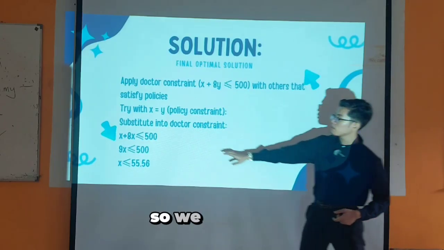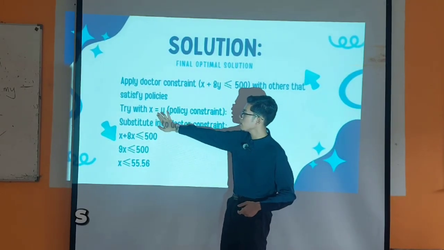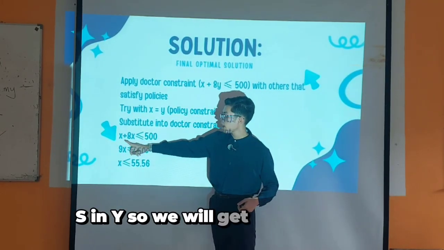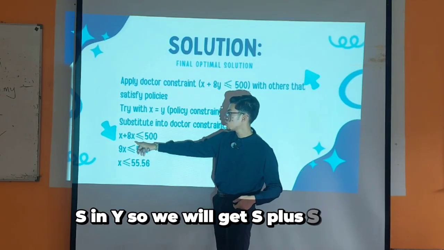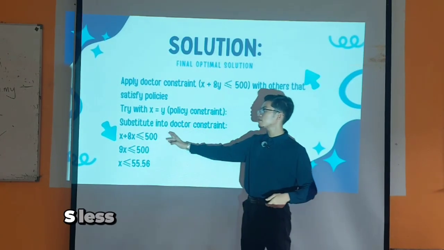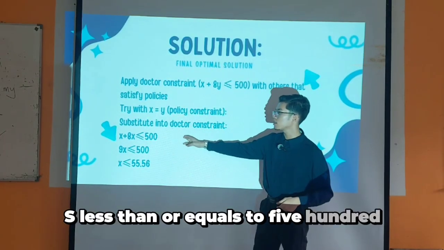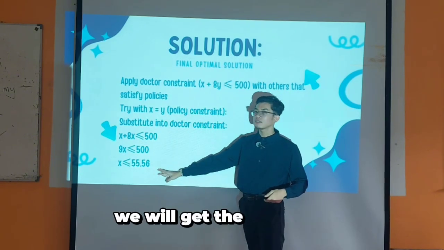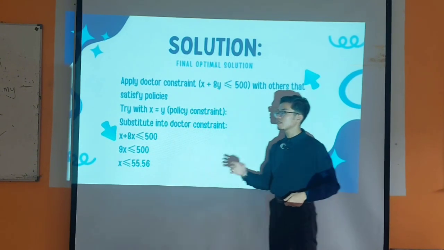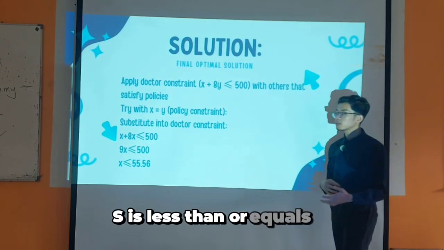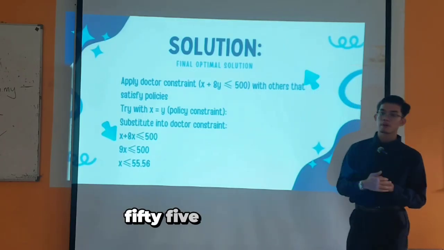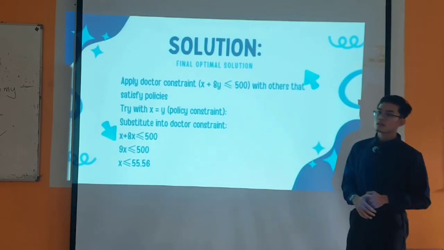So we substitute x for y, and we will get x plus 8x less than or equal to 500. We will get the answer x is less than or equal to 55.56. Okay, next.